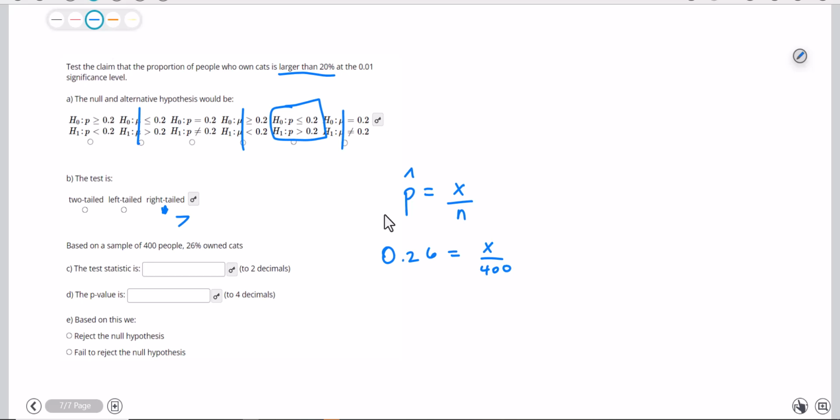However, we could find it because we could solve this for X by multiplying 0.26 times 400, and I get my X equals 104.